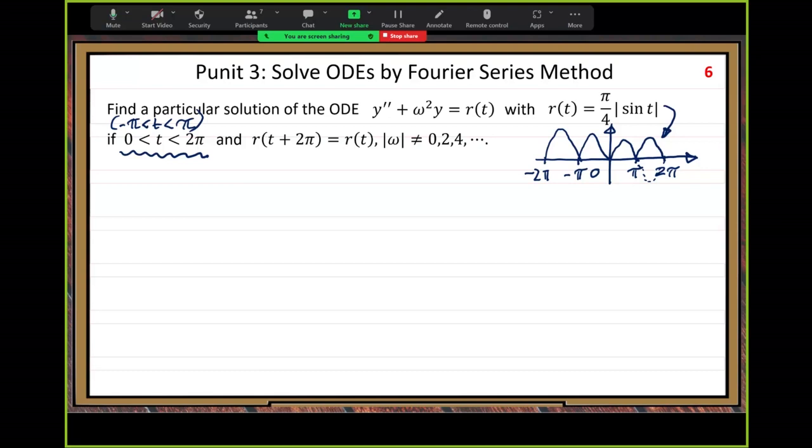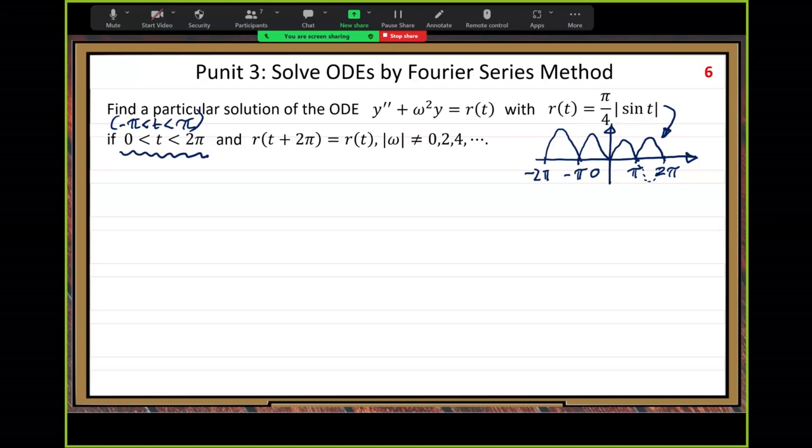Here, can you take advantage of that? That's a lot, one half of the calculation. Is this function even or odd?